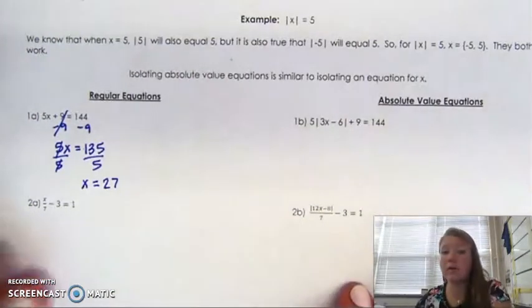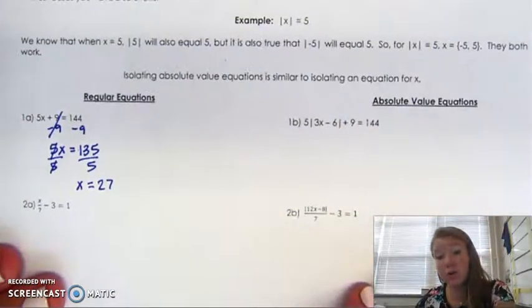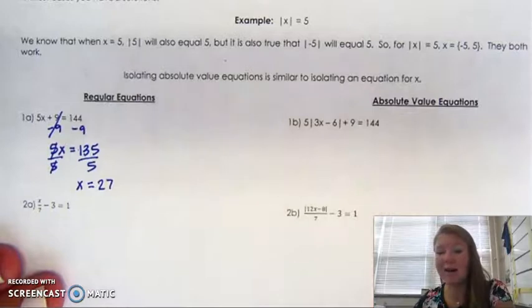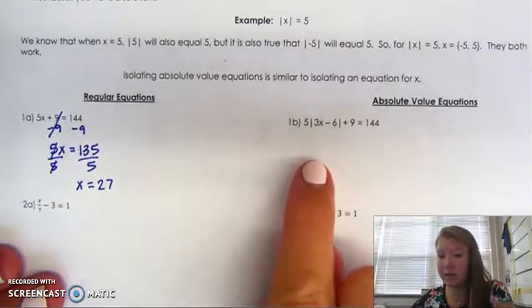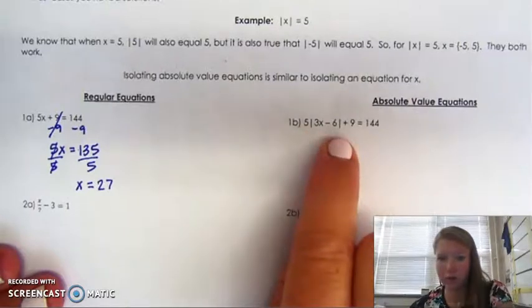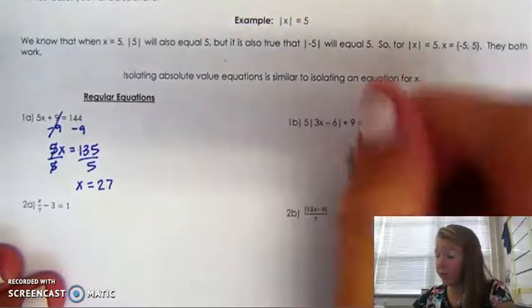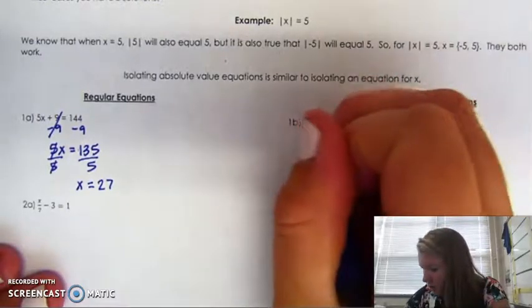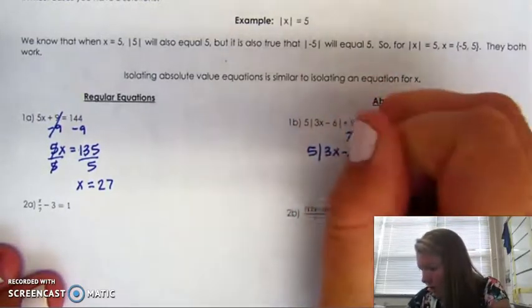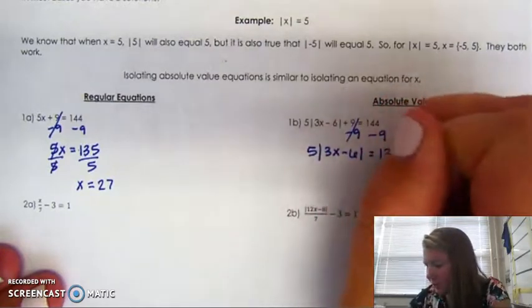Now when we're solving absolute value, same idea, we want to isolate, but this time it's not x that we're isolating to start out with, it's the absolute value bars. So I'm going to subtract 9 first from both sides. Everything else on that left-hand side stays the same.